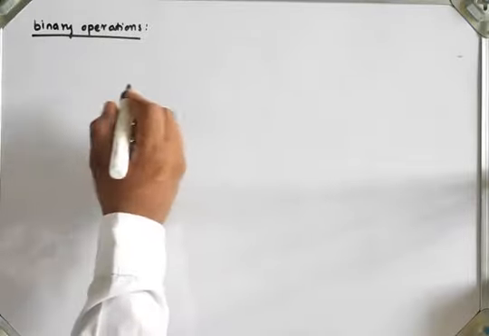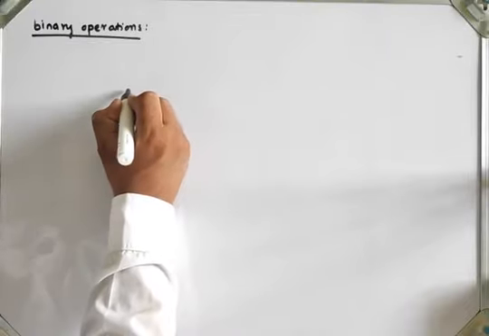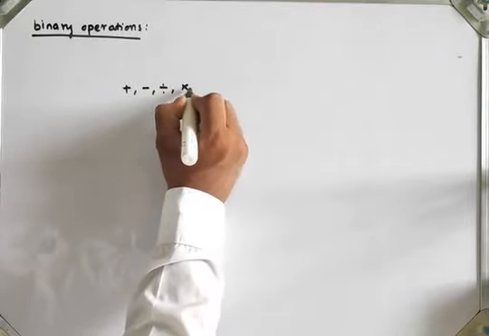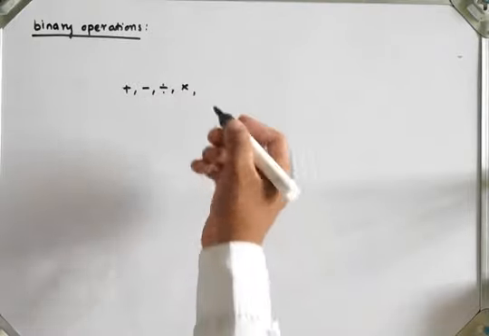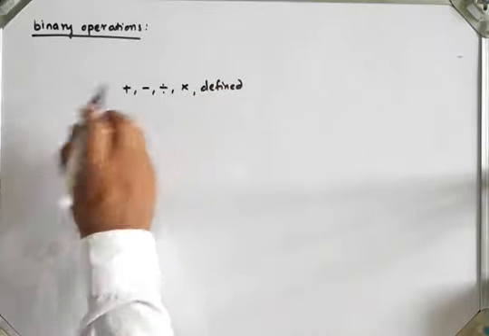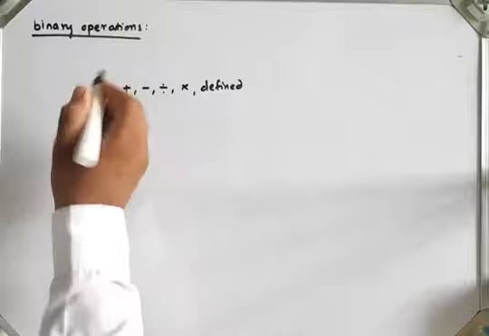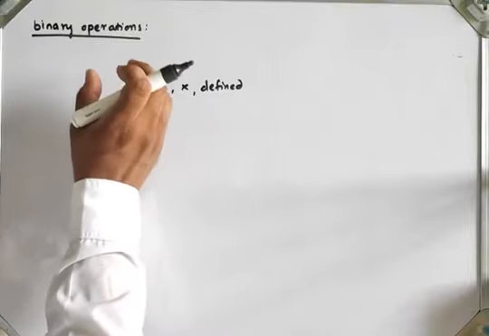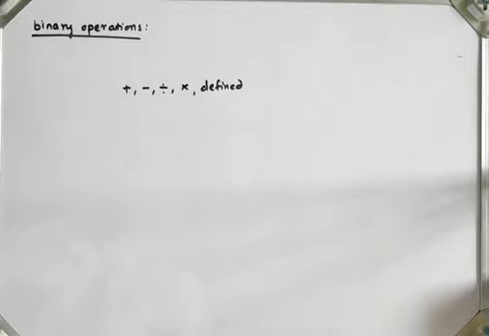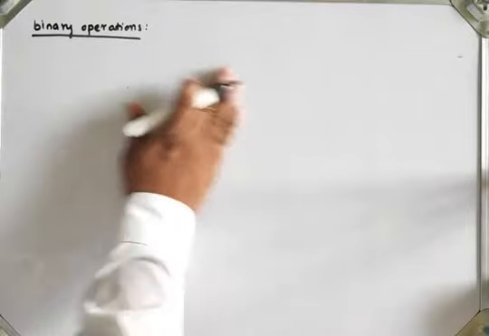Then under a binary operation, which may be addition, subtraction, division, multiplication, or whatever defined function, we take any 2 elements from the given set, apply the given operation, and it forms a new element which is again from the given set. Then we say that this is a binary operation on that set.